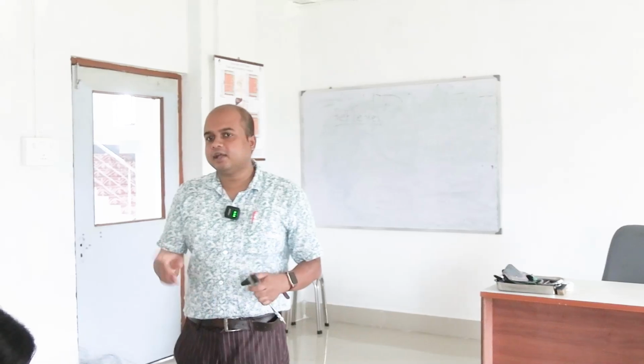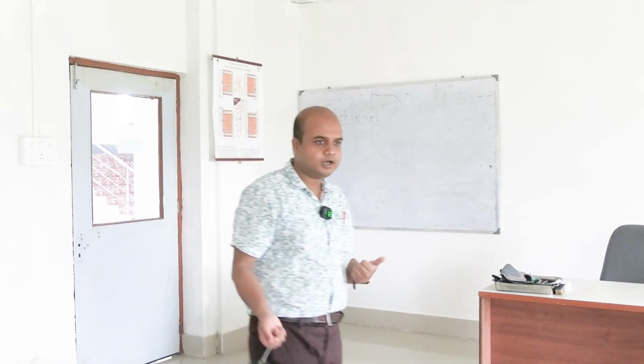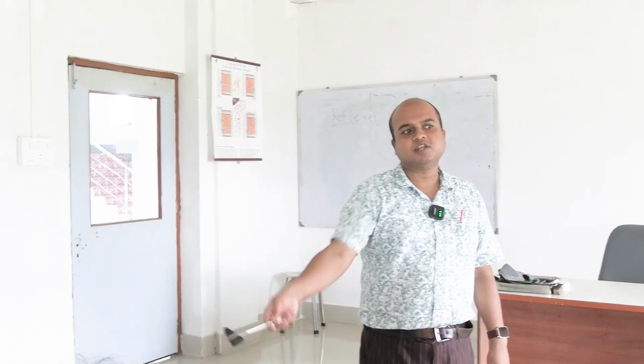So all these things today you have to go and read, and then there is one more jerk, the jaw jerk. Jaw jerk, what you do, we have already learned. What are the cranial nerves involved? Both are trigeminal, both are fifth, afferent and efferent.